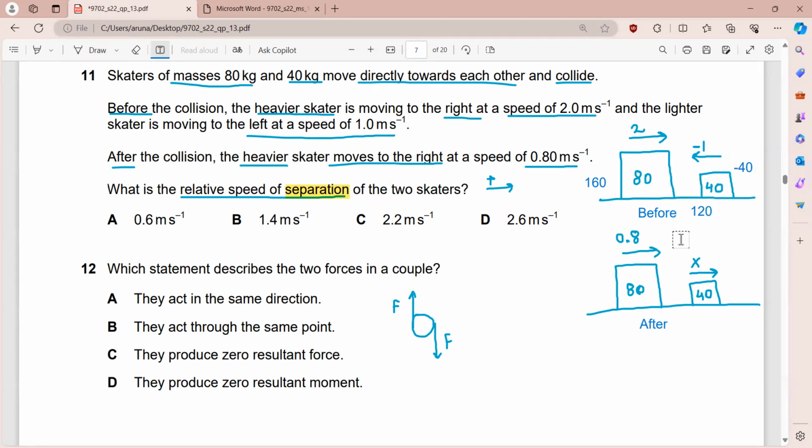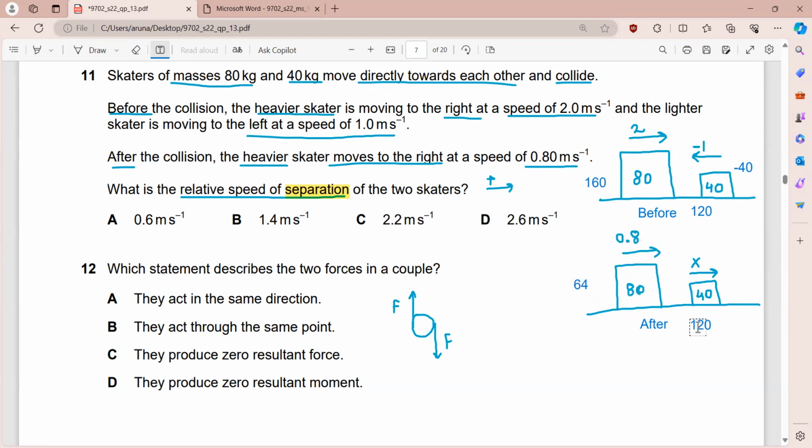Okay, that is the momentum before collision. So now momentum after collision should also be 120. So for it to be 120, let's first figure out the heavier skater's momentum after collision. 80 times 0.8, which is 64.